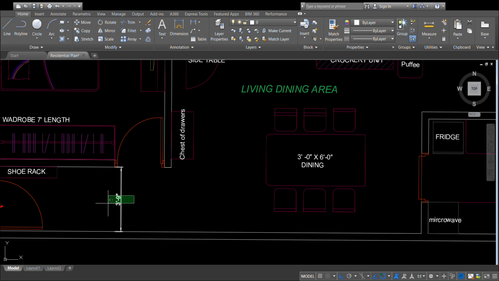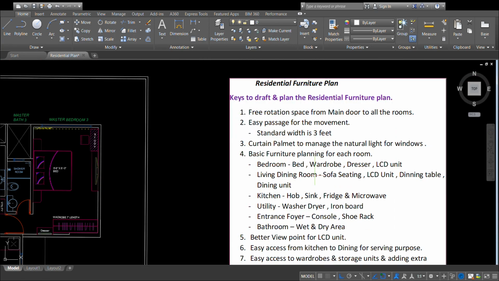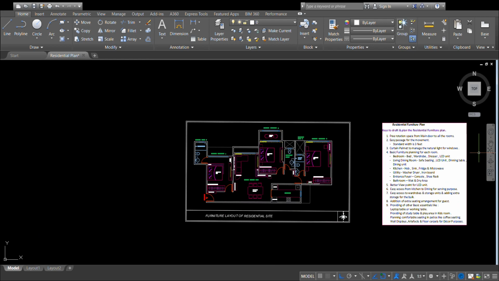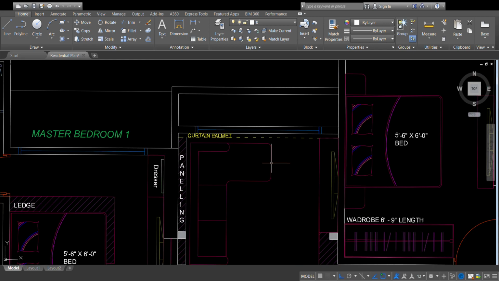Okay, so now let's move on to the third point. The curtain pelmet to manage the natural light for windows. Now, indication of curtain pelmet in the layout is something very important.